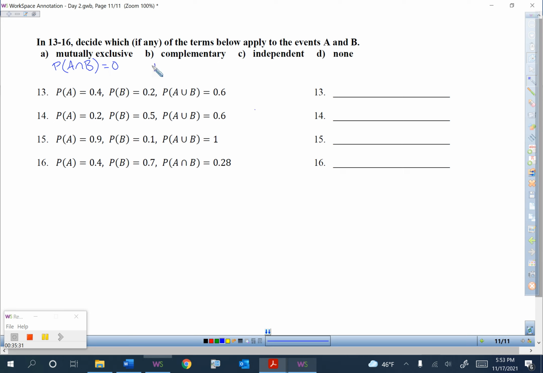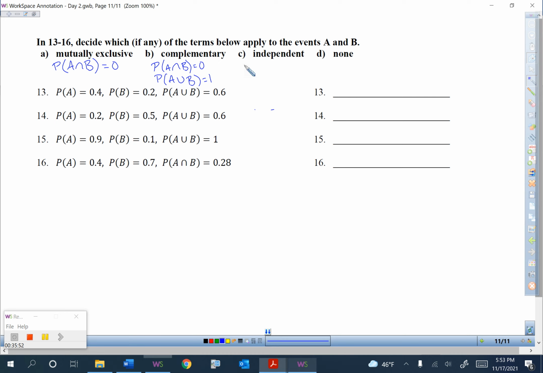Complementary, the same thing is true. There is no overlap, so the intersection's probability is still 0, but it's more specific. There's also a requirement that when you put them together, you hit the whole set. And the probability of the whole set, or the probability of the union, would have to be 1 if you get everything.